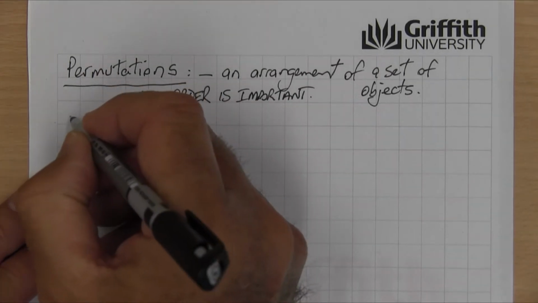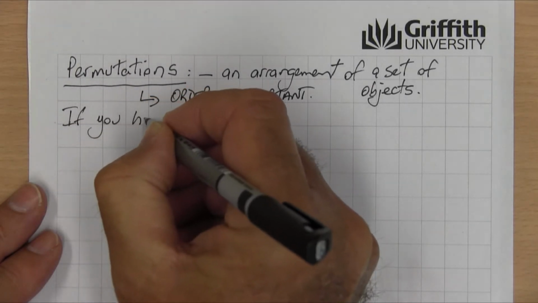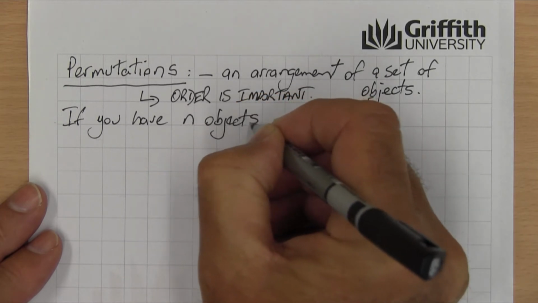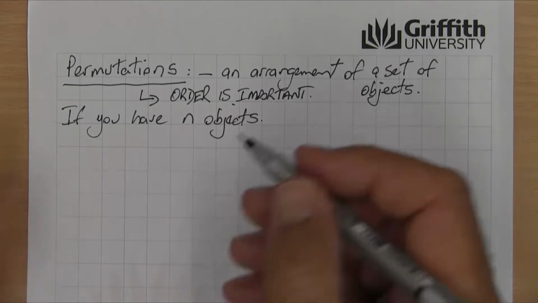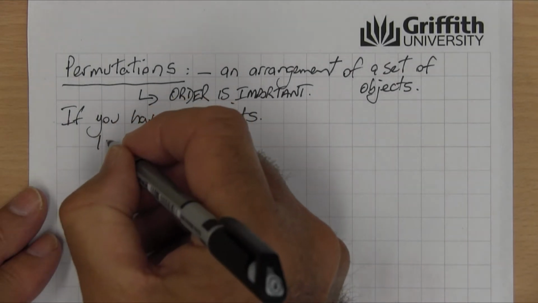So in general, if you have n objects, the first object can be chosen in n ways.